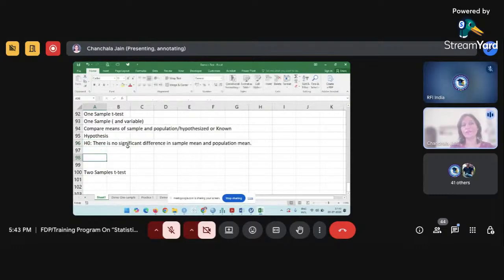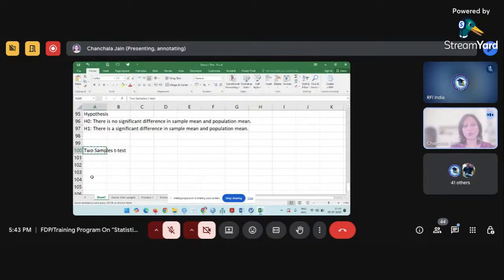Vice versa, you can make your alternative hypothesis: there is a significant difference in sample mean and population mean.